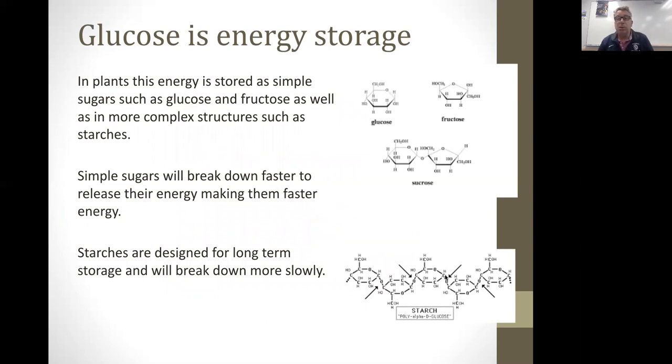Something like starch is how plants store long-term energy. We store it as fat. Plants store it as starch. These simple sugars are going to break down a lot faster than these sugars. All right. So simple sugars will break down faster to release their energy and make them faster energy. Starches are designed for long-term storage and will break down more slowly.